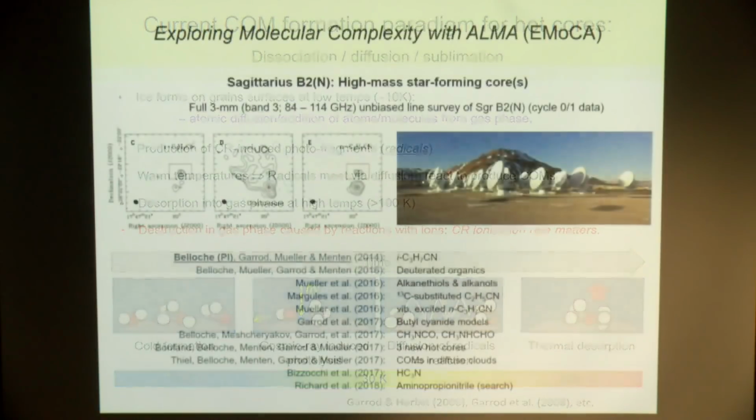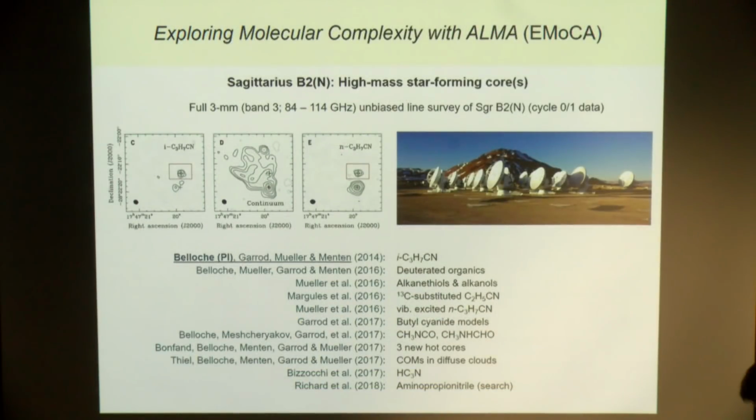Okay, so I'll mention a couple of things then. Firstly, I'll talk about some work we did observationally and some work in particular that I did to try to understand those observations. This is work led by Arnaud Beloche, but including myself, Holger Müller in Cologne, and Karl Menten also at the Max Planck Institute for Radio Astronomy.